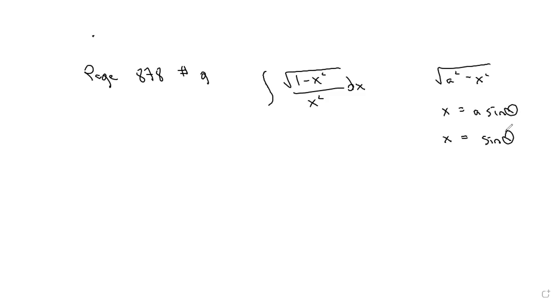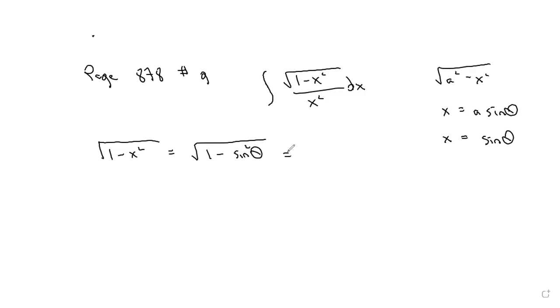Okay, next step is start collecting everything you can. You need the square root of 1 minus x squared in terms of this substitution, you need a dx, and you need an x squared. Let's start with the most complicated part. Let's do the square root of 1 minus x squared, and substitute in sine theta for x. So square root of 1 minus sine theta squared.